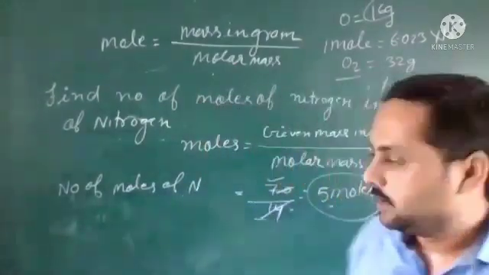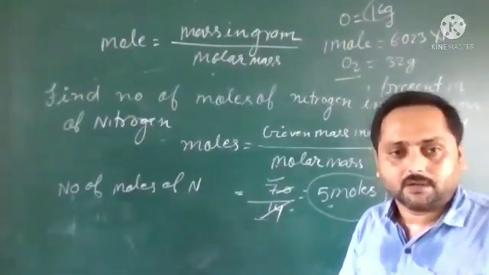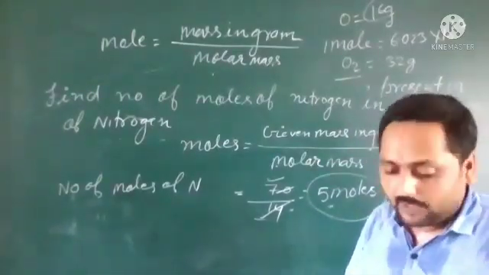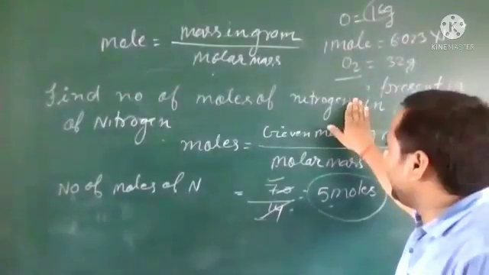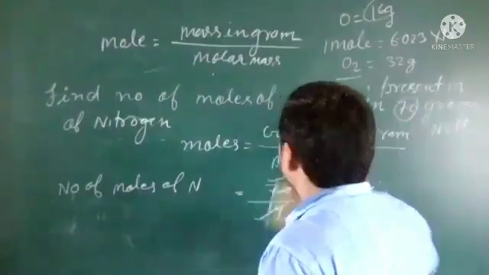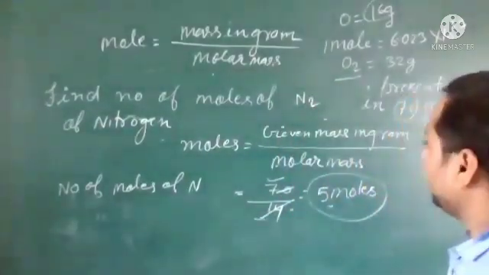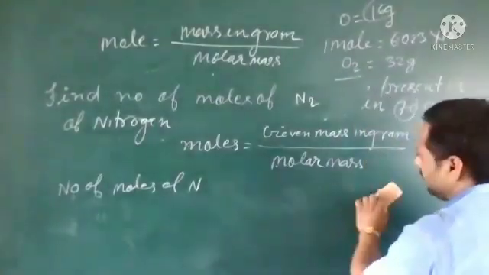Yes, sir. One point I want to change here. If I wrote N2 instead of nitrogen, then what will be the answer? Can you calculate and tell me the answer? Do it fast.